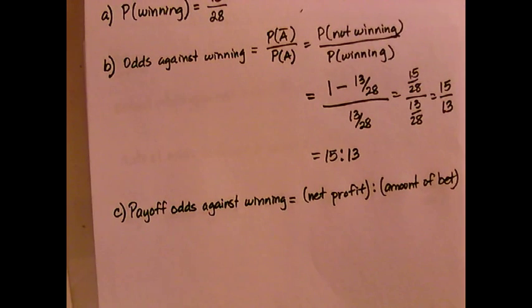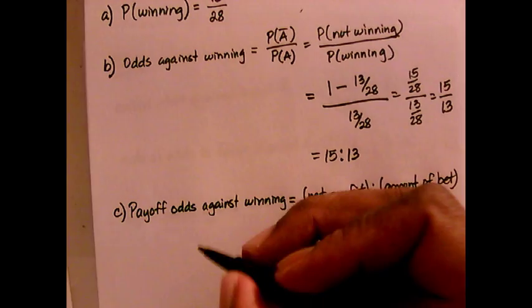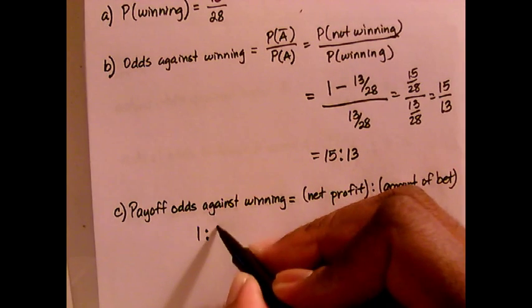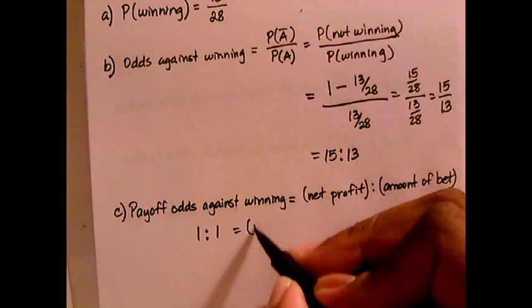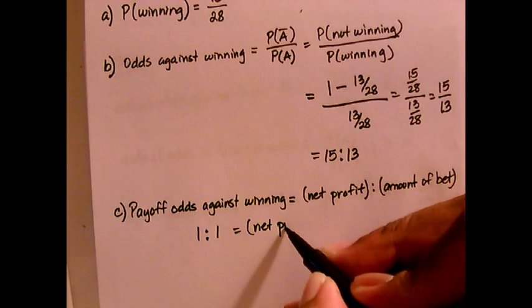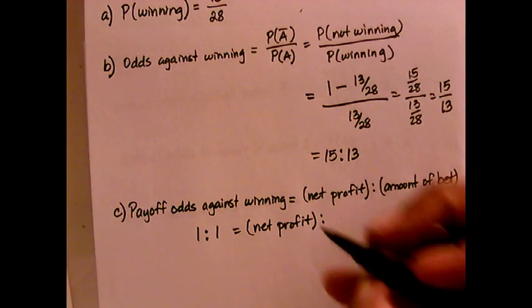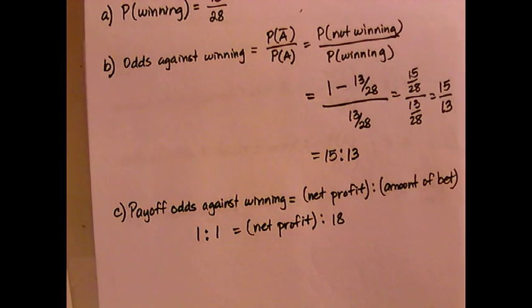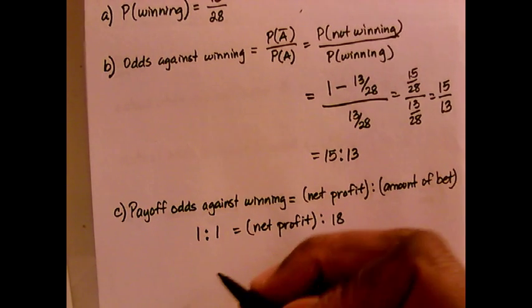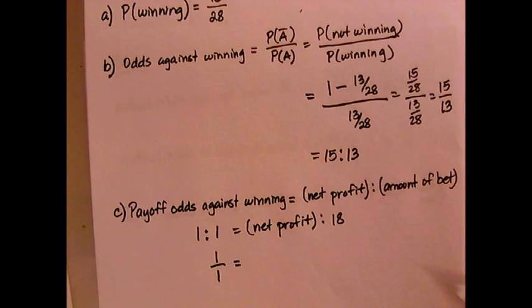So in this case, the payoff odds were 1 to 1. And we're trying to find the net profit, so this is the net profit to, the amount of the bet was $18. Now if we were to write this as a proportion, 1 to 1 would be 1 over 1.